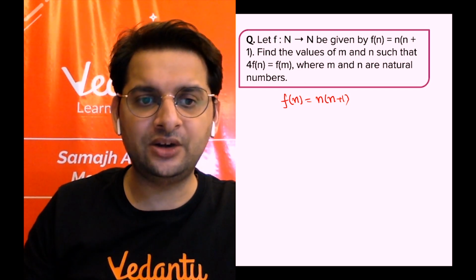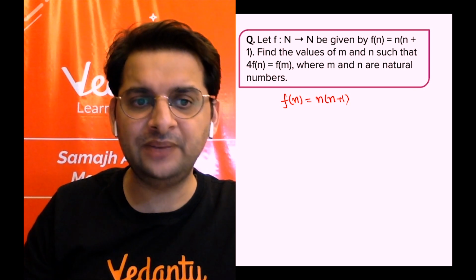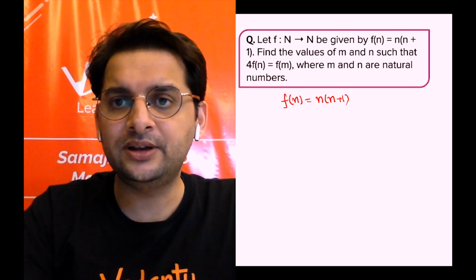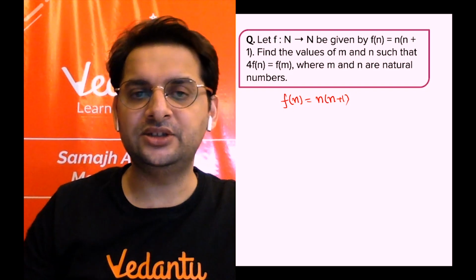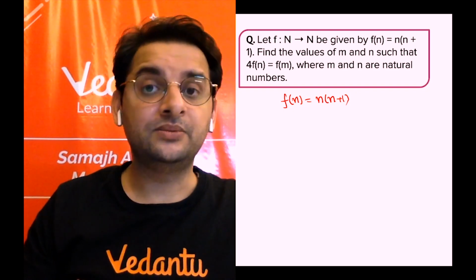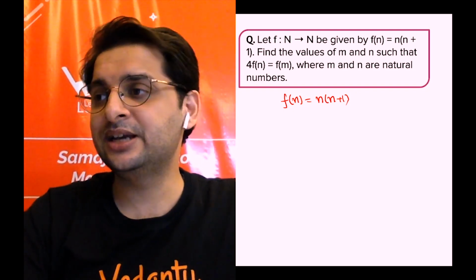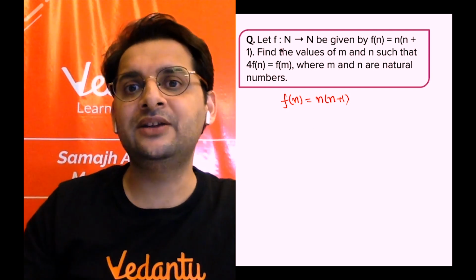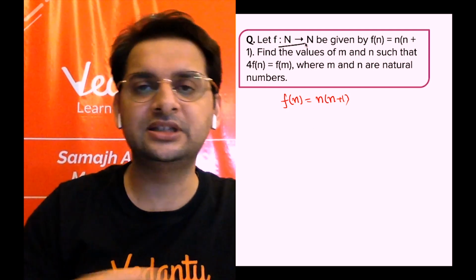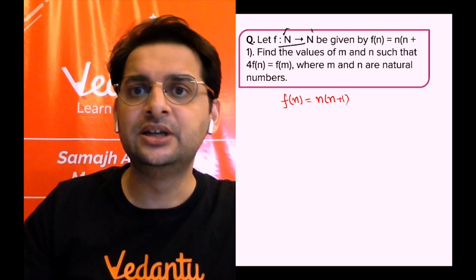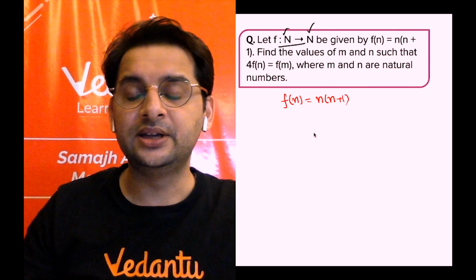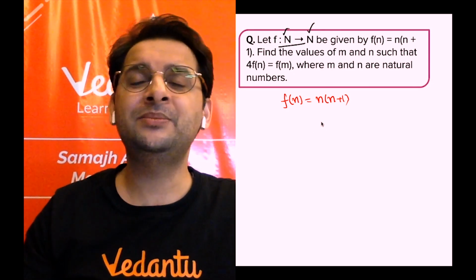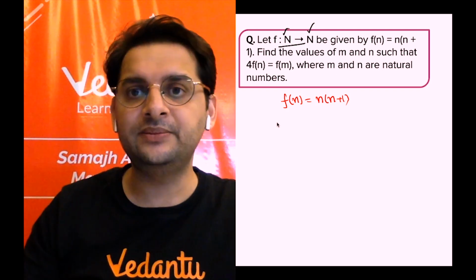If you're seeing the recording, please pause this video for some time and then try on your own while I discuss the solution. Now this question involves a basic knowledge of functions. This is a function from a set of natural numbers to a set of natural numbers, right? And also it would involve some basic knowledge of number theory, right?